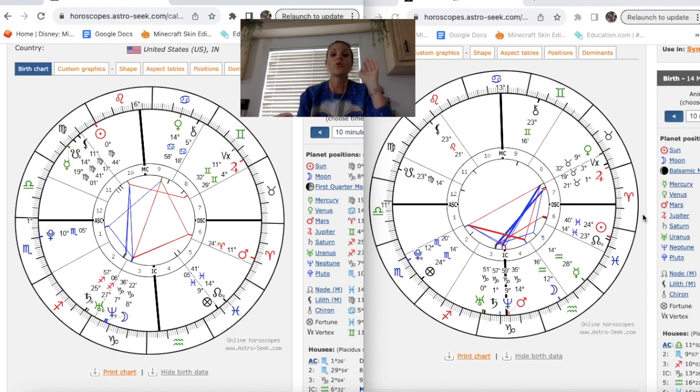All right, so a daytime chart, over the course of the lifetime, we're going to see a lot of themes about expanding outward. And in a nighttime chart, a lot of lifetime themes are going to be about going inside. Knowing that information can help you determine what the needs of the person are going to be over the course of the life.